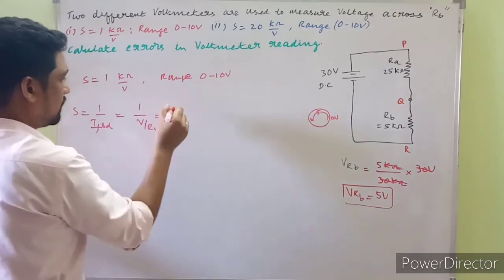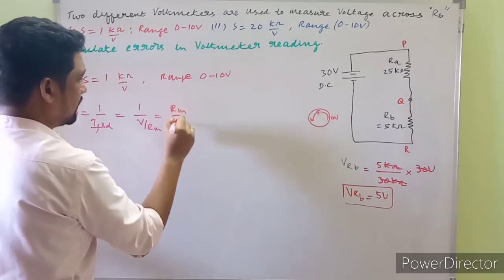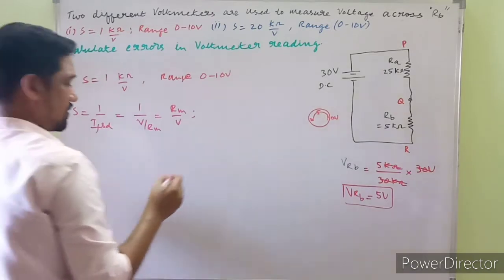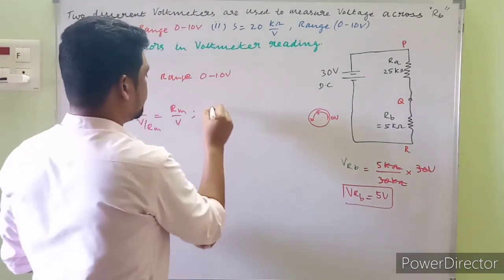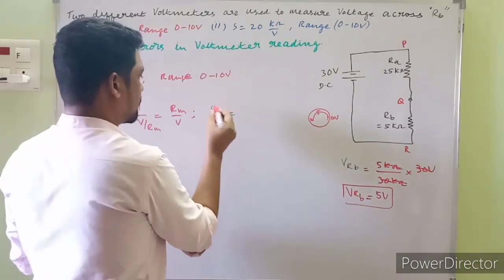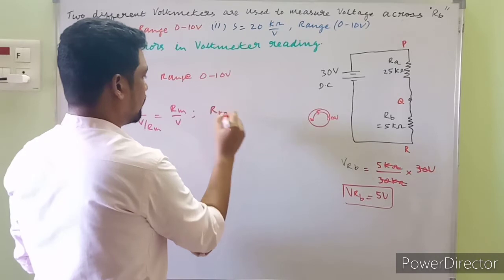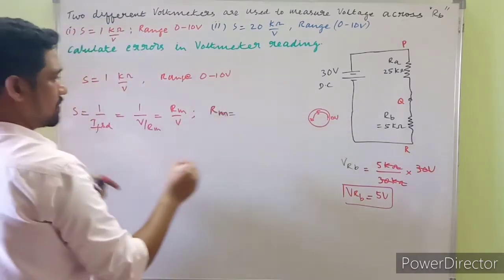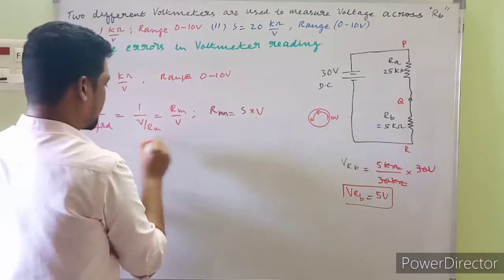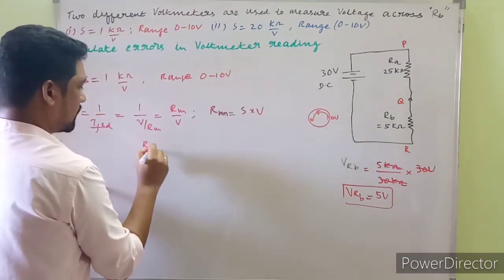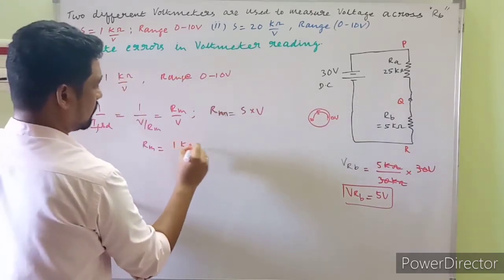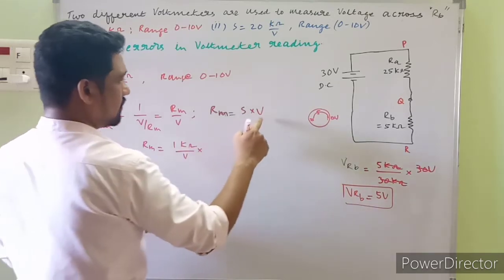So this becomes Rm by V, and from this expression we can evaluate the internal resistance of the basic meter. Rm will be equal to S multiplied by V. Sensitivity is given as 1 kilo ohm per volt, multiplied with the voltage.